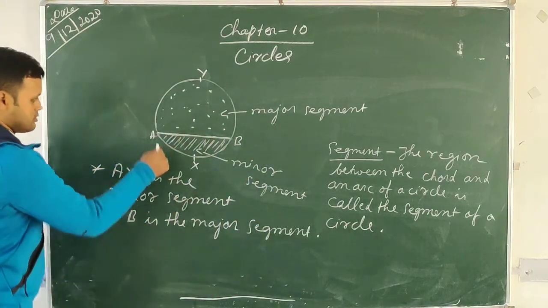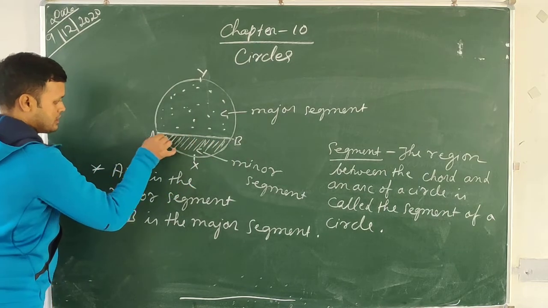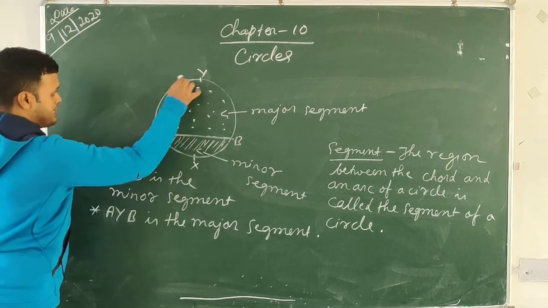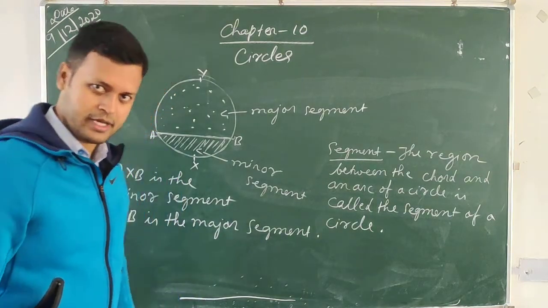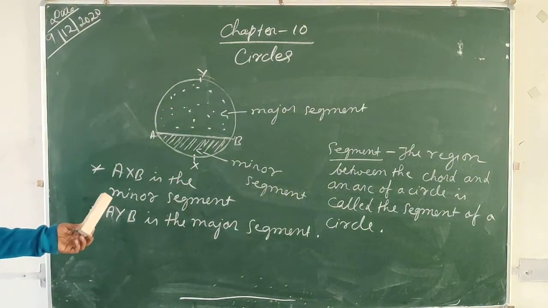Okay, students. So this part AXB is called the minor segment, and AYB is called the major segment. Is it okay? So this is about segment.